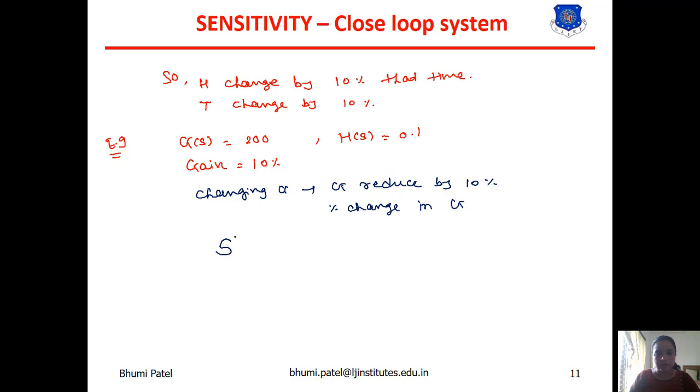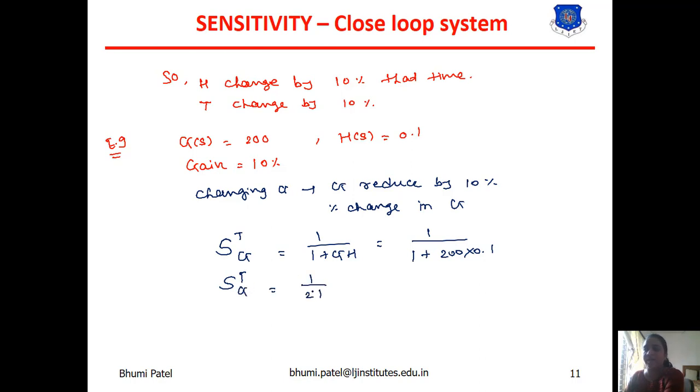So the equation of sensitivity is S_G^T equal to 1 upon 1 plus GH. Put in the values of all the elements, we get 1 upon 1 plus G, meaning 200 into 0.1. So we get sensitivity equal to 1 by 21, which equals the percentage change in transfer function T upon the percentage change in gain.